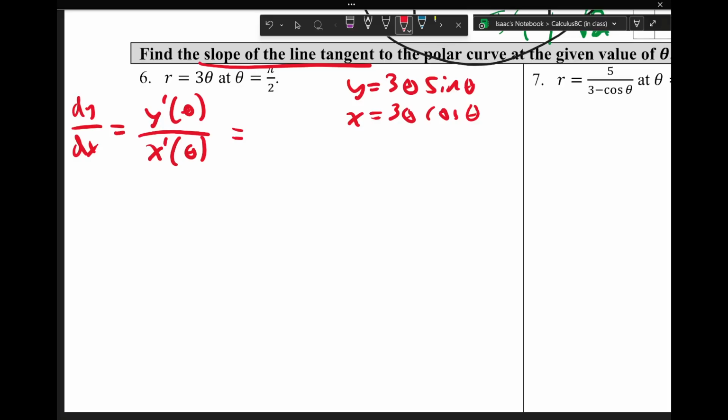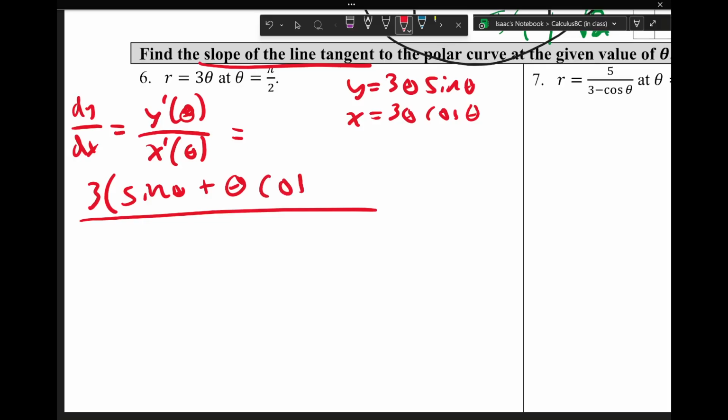So for y, I'm just going to pull the 3 out front, and for theta times sine, you have to do product rule. Now this is in terms of theta, so the derivative of theta would just be 1 times sine left alone, plus theta left alone times the derivative of sine, divided by x prime.